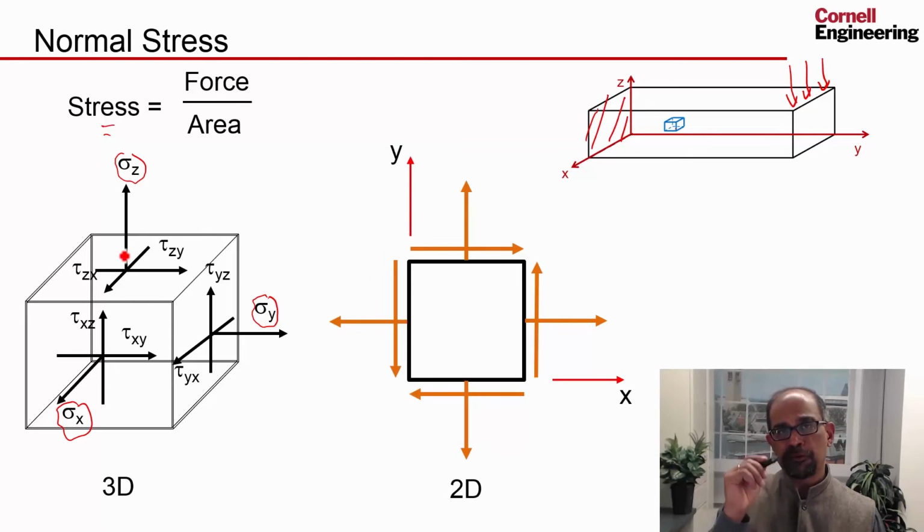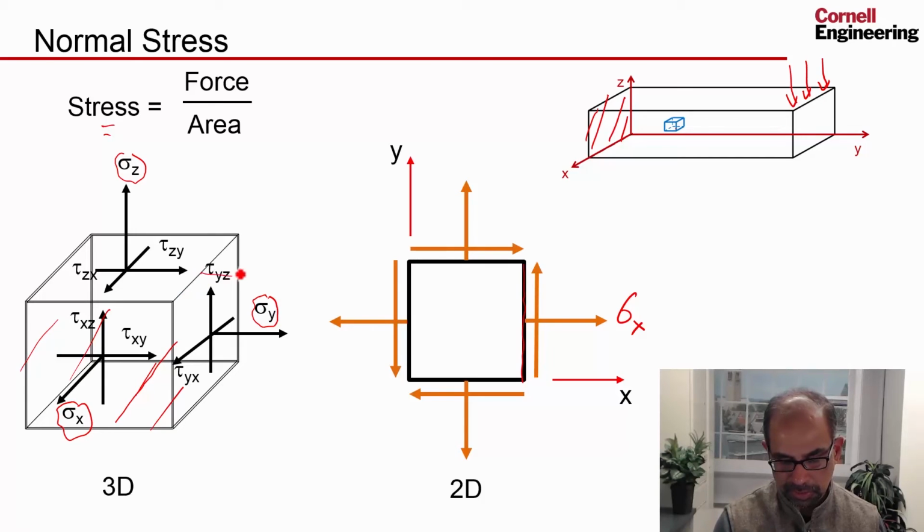And often, we'll consider this in the 2-dimensional context where, let's say we are looking from the top, and this face would correspond to this face here, and that would be sigma x, and this face would correspond to this face here, and this would be sigma y.